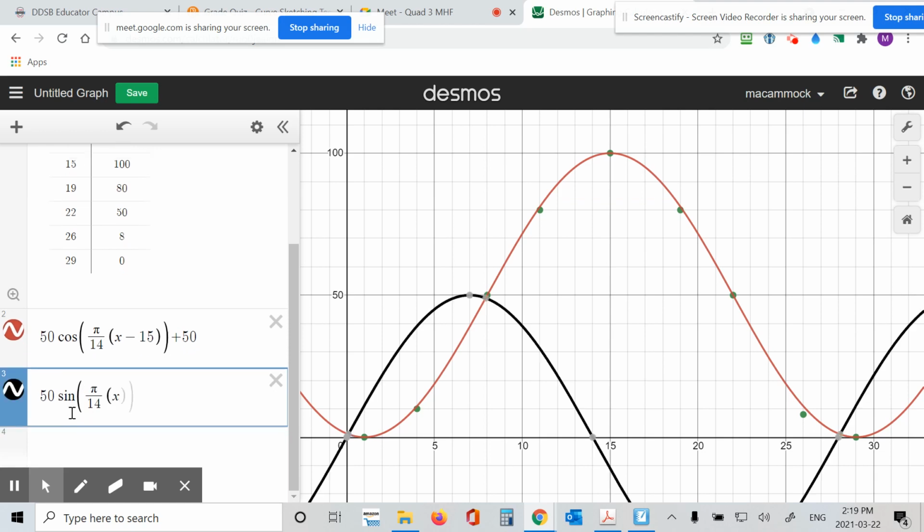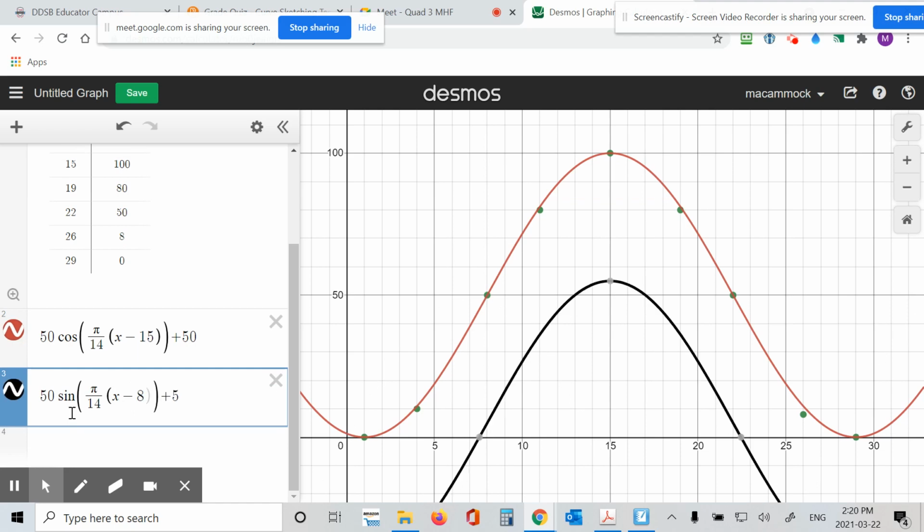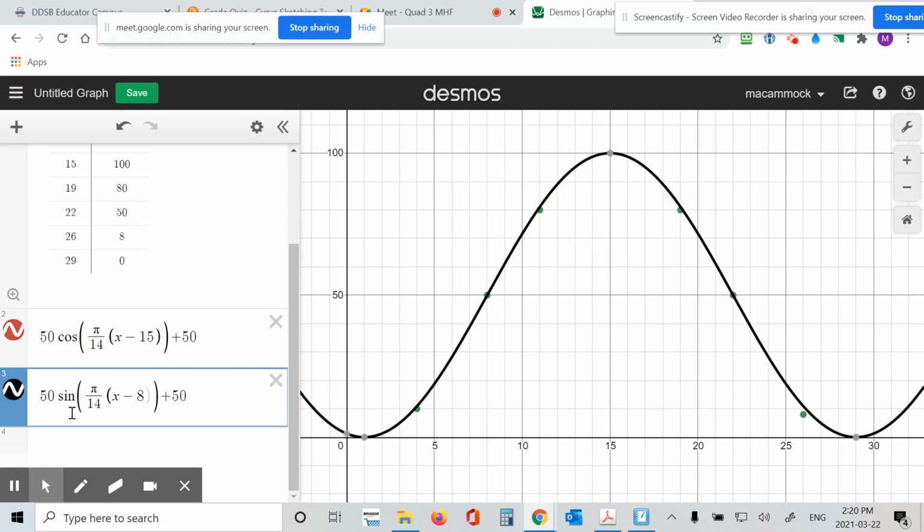It was x minus 8, I believe, if I remember correctly. And then we had the plus 50. The two lines should be superimposed on each other, right? The red and the black, you can't actually see the red because it's being covered up by the black.